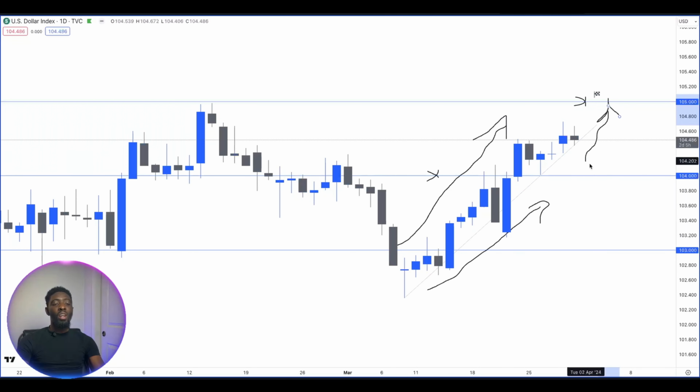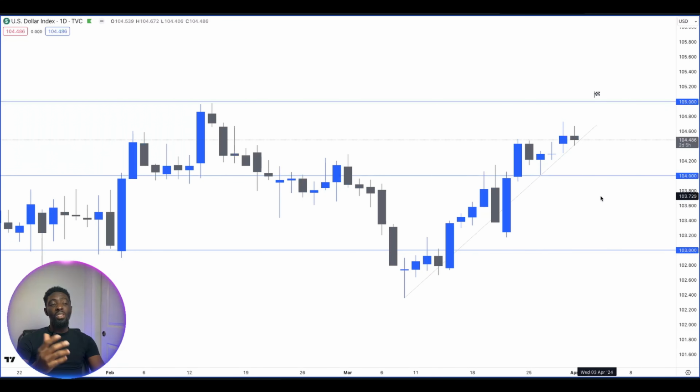And if the DXY has to deliver to 104, then it's also easy for me to take buying opportunities on other pairs. That's why I do this weekly focus, because if price does buy, I'm looking for sells, and if price sells, I'm looking for buys. I need to understand where price is trying to gravitate towards, and that's all I do during this weekly focus.